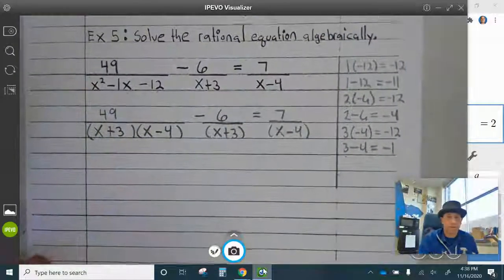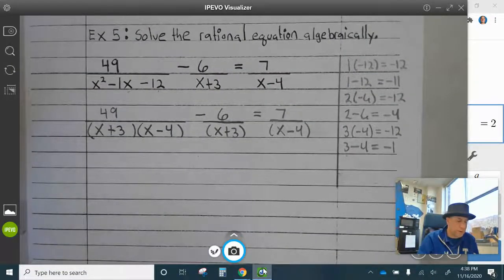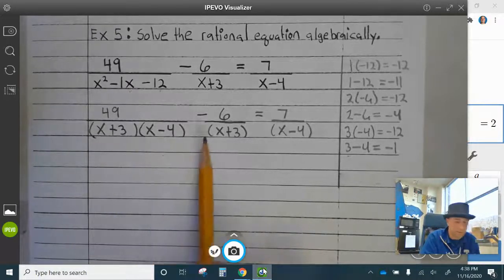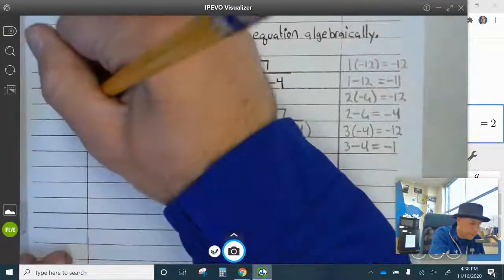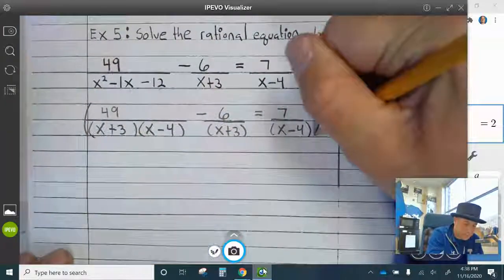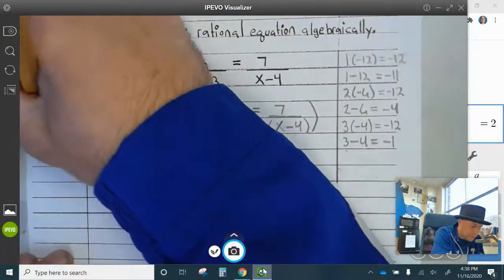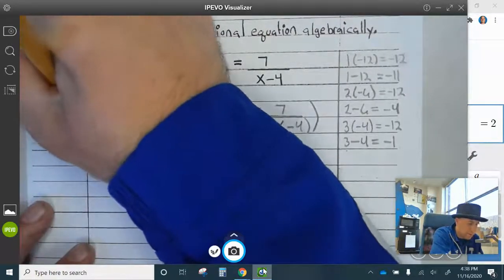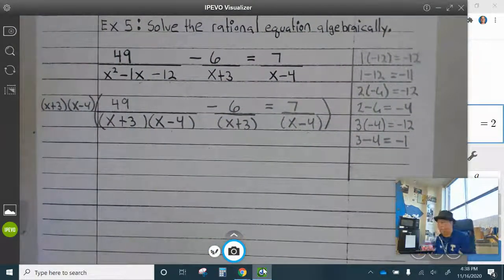Okay. Now, normally I'd say multiply all the denominators together and get the common denominator, but look, you can see that the common denominator are x plus 3 and x minus 4 because that's the only thing in the denominator. So we can multiply everything by x plus 3 times x minus 4. And if we do this correctly, the denominators will go away.